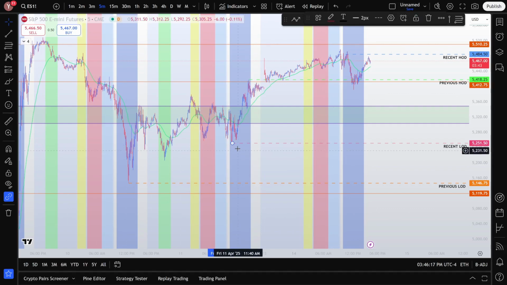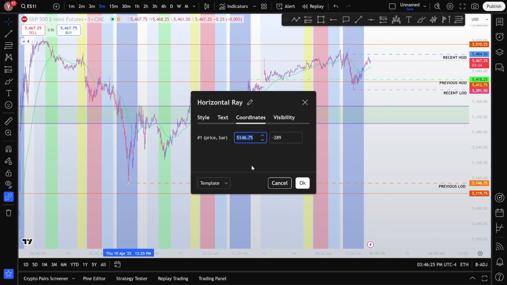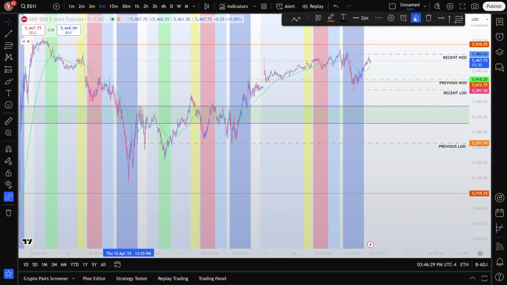Unlock. Recent low of day will be here clearly. So now previous low of day becomes Friday's low of day. And recent low of day will be for today, Monday, obviously. We keep adjusting that so we get it.